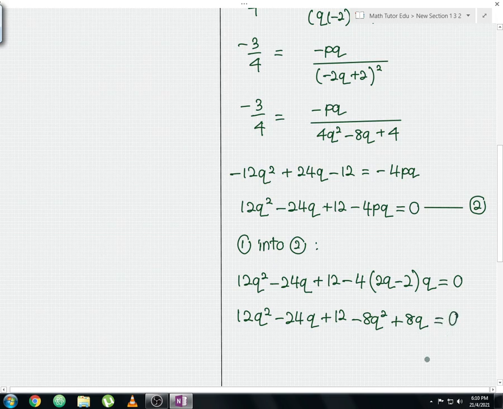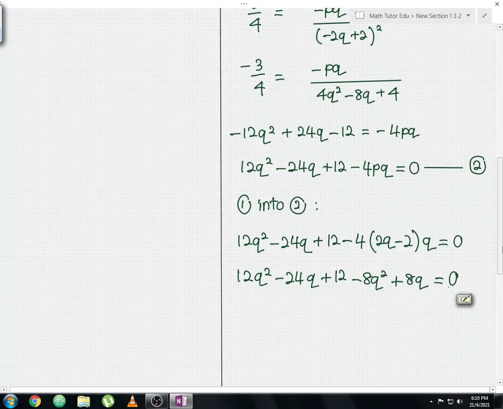Okay, so as you can see here, you are forming the quadratic equation. So from here let us solve the highest power first, which is the q square. So 12q square minus 8q square, you left with 4q square. Negative 24q plus 8q, you left with negative 16q.